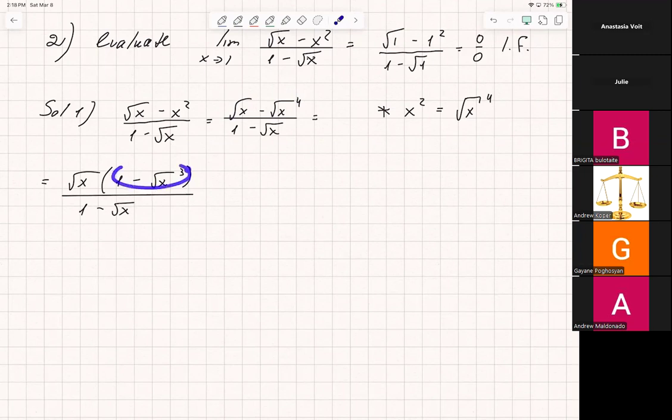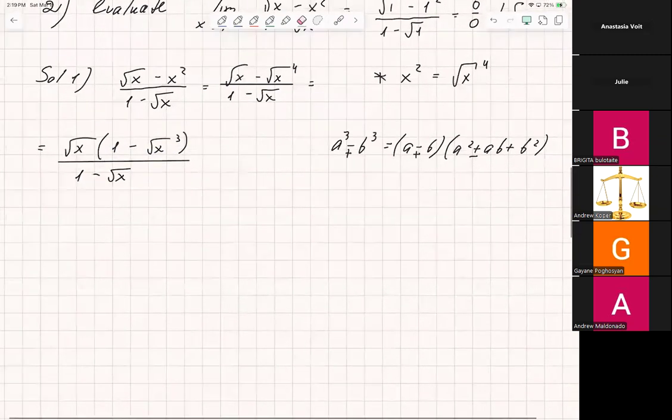Now, as you can see, these are somewhat similar, but the only thing is we have a cube here, and remember when you see a cube that it's most likely that you'll need to use a minus b cubed. A cubed minus b cubed equals a minus b times a squared plus ab plus b squared, or the positive version of that, right?